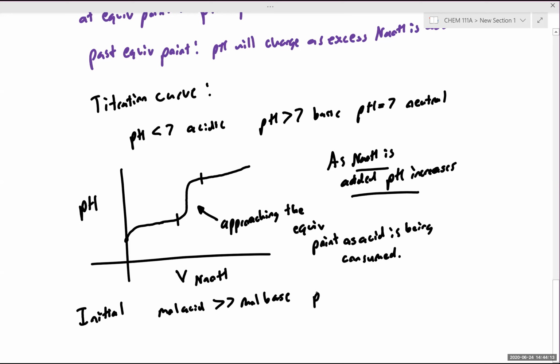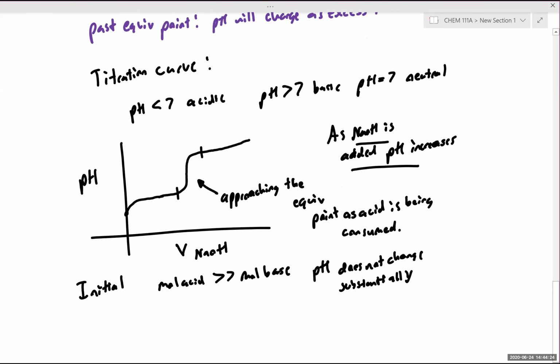As a result, the pH does not change substantially. The pH is based on the log of the concentration of acid, or more formally, the concentration of H+.